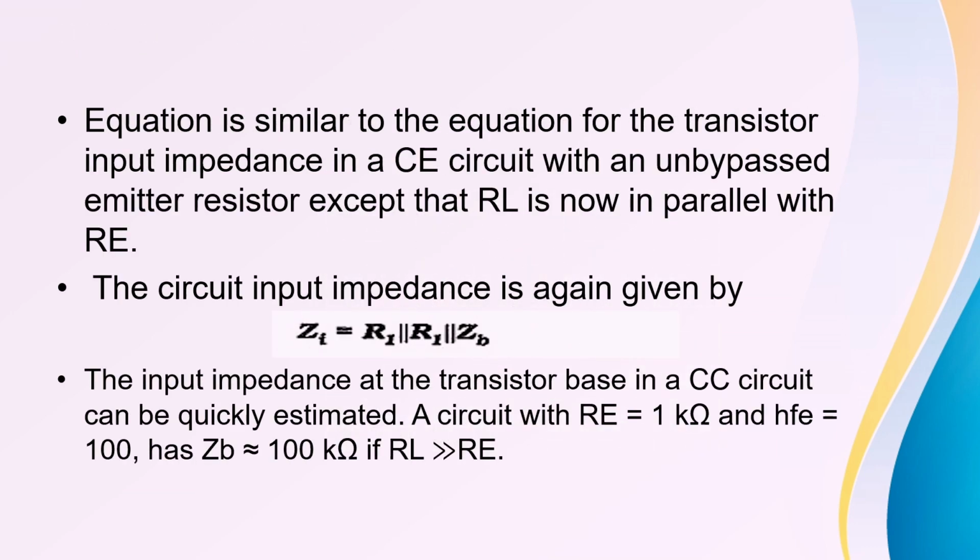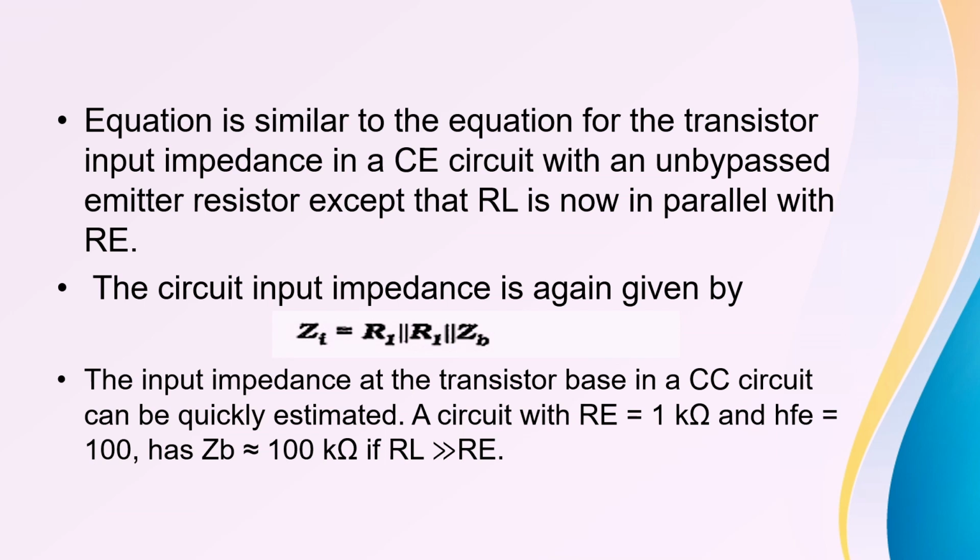The equation is similar to the equation of transistor impedance in a common emitter circuit with unbypassed emitter resistance, except that the load resistance is now parallel with the emitter resistance. The circuit impedance is also given by the parallel connection of emitter resistance, load resistance, and the base impedance.